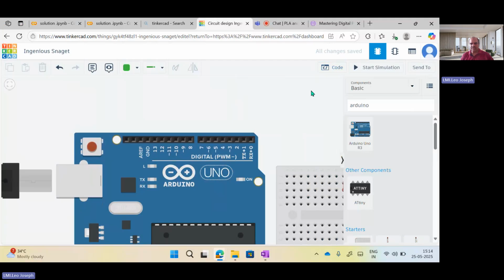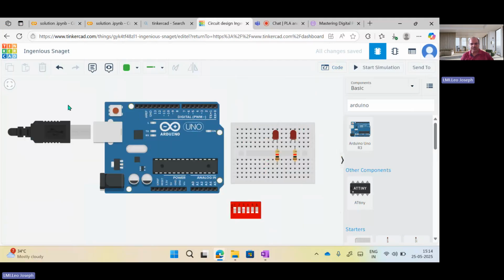Now I am going to connect this. How to connect is important. 2, 3, 4 are connected as input, and 5 and 6 are connected as output. From the 5 volts, here you can see one 5 volt is available. I am taking that 5 volt and connecting it to one common point here. This is a small breadboard.